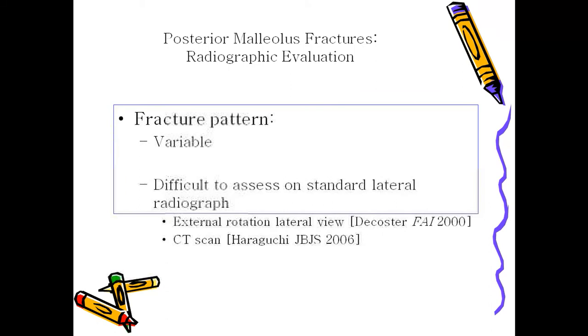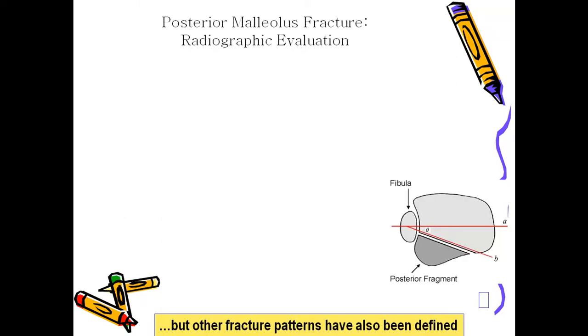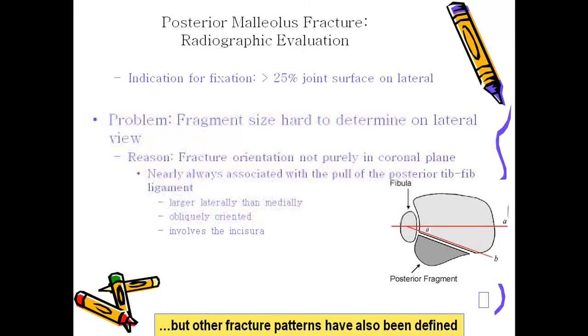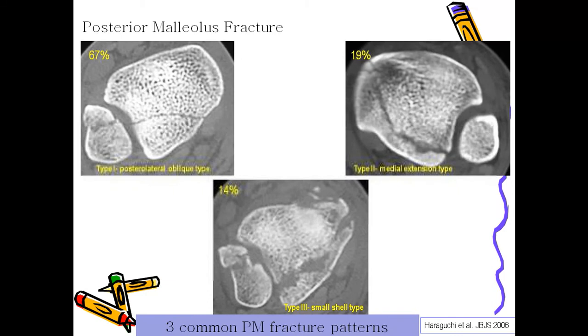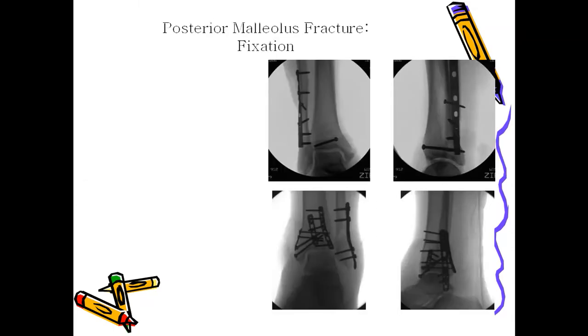Radiographic evaluation. Fracture pattern is very important, and an external rotation lateral view must be done. CT scan must be done. So this is an example of a CT scan for a posterior malleolar fracture. A posterior malleolar fracture you need to fix with a screw at minimum, and sometimes a plate.